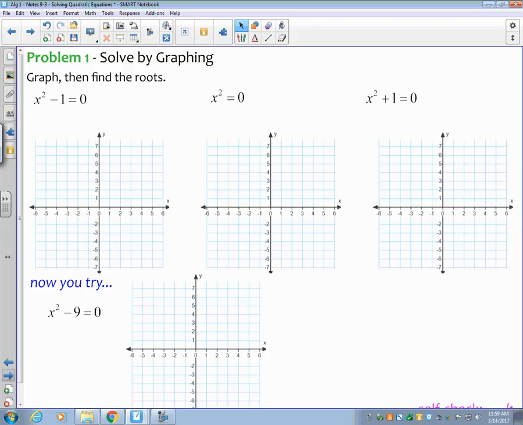All right, we're going to solve these 3 equations by graphing. So if you don't remember how we do that, we make a little XY table, a little T-chart. I'm going backwards. I want to start with -3.